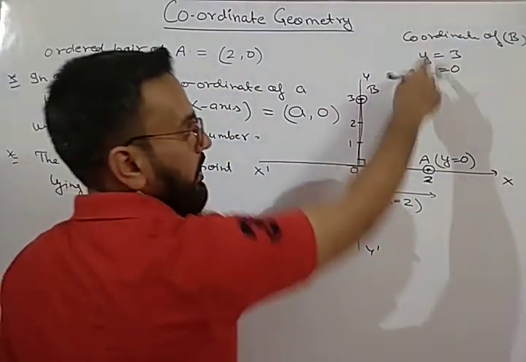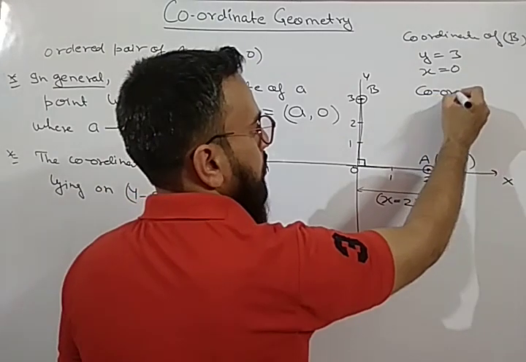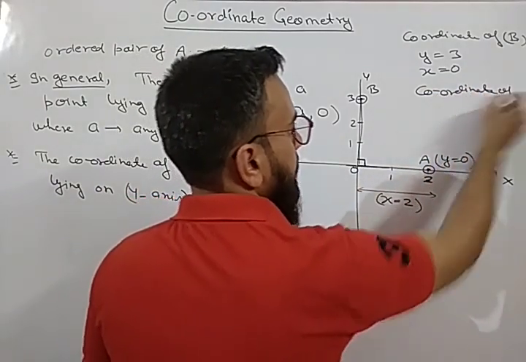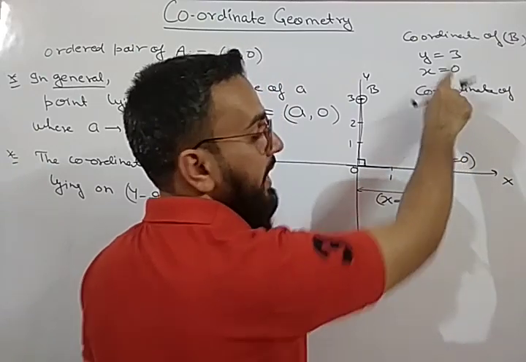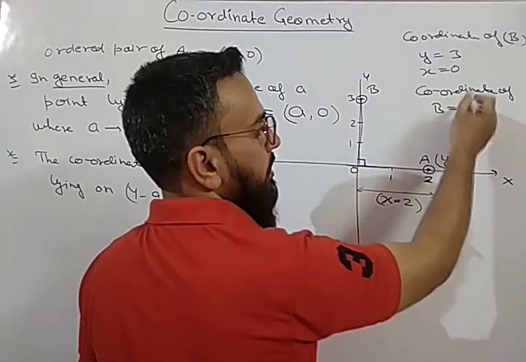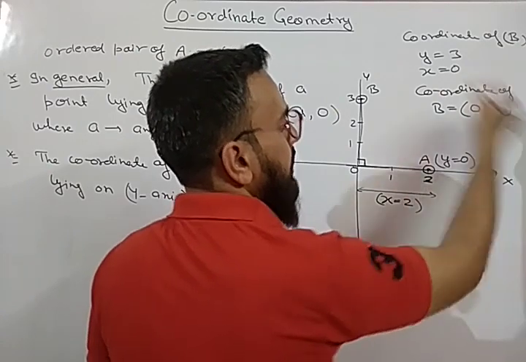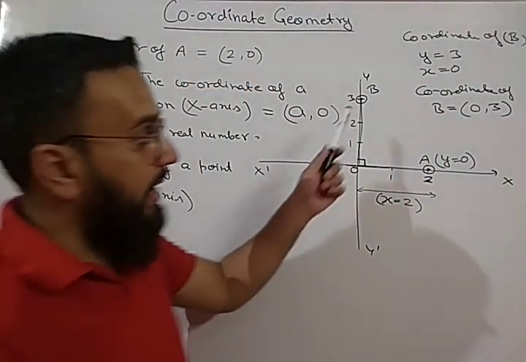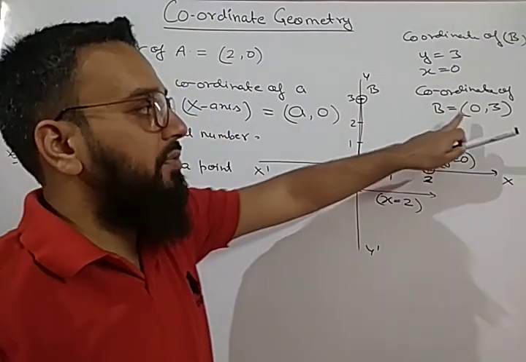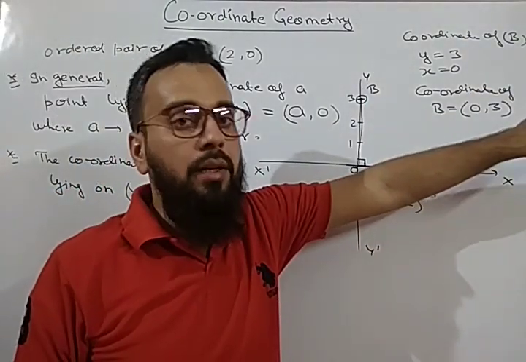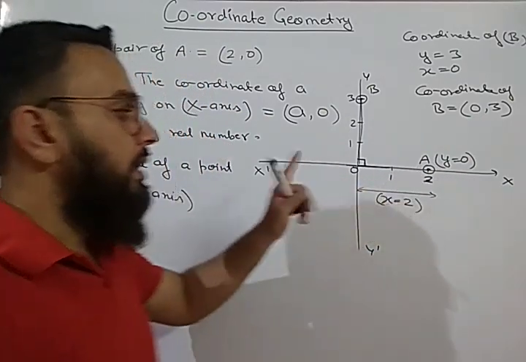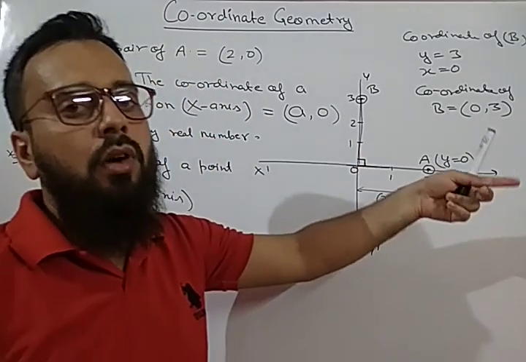Now what will be the coordinate of point B, which is called the ordered pair? We first write x, so we will not write (3, 0). We will write (0, 3). Clear? So if a point lies on the y-axis, then it is of the form (0, any number). And if it is lying on the x-axis, then it is of the form (x, 0) or (a, 0).